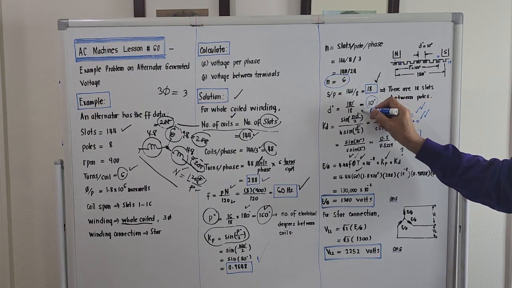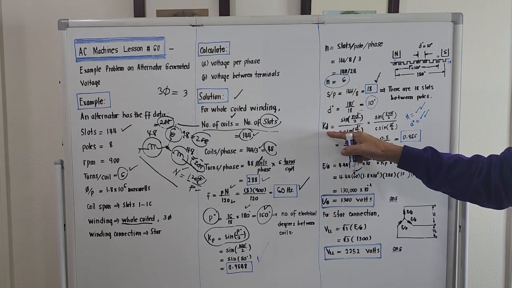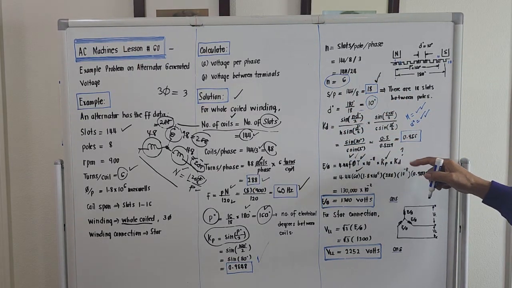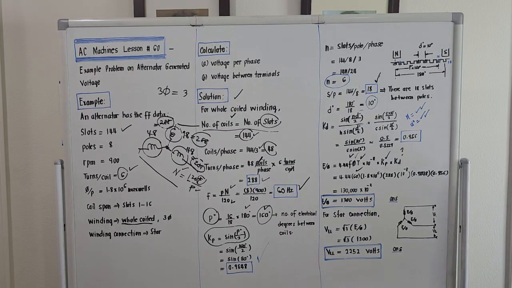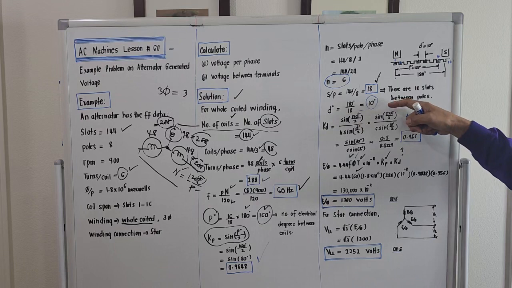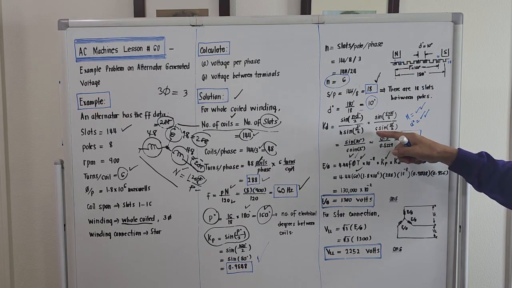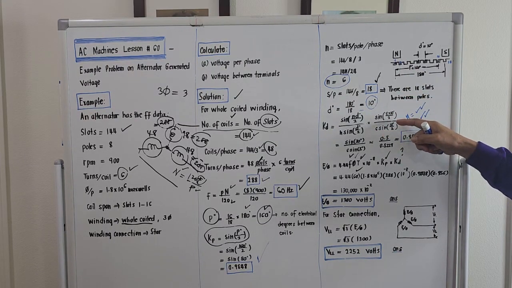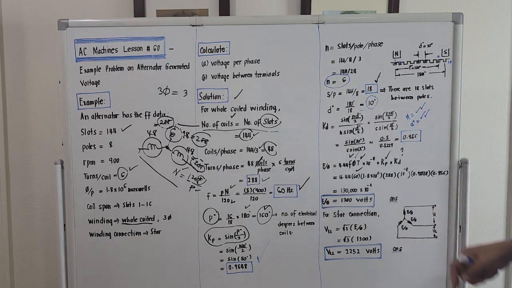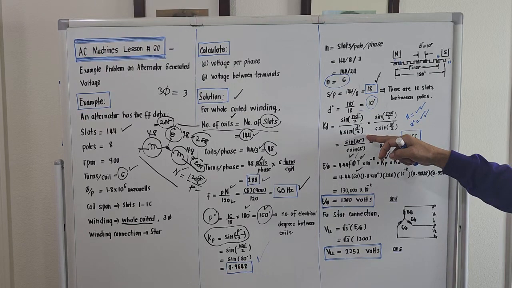So by using this formula here, we could now compute for the distribution factor, the one needed here. It's just a matter of substitution now. It will be the sine of quantity n, which is 6, times 10 degrees over 2, close quantity, over n, which is 6, sine of d degrees over 2, 10 degrees over 2, close quantity. 6 times 10 will be 60 divided by 2, that will be 30, so this is sine of 30 degrees.